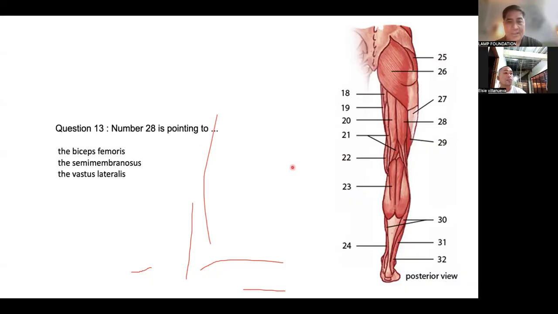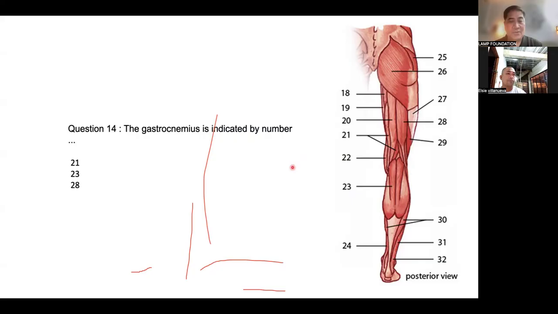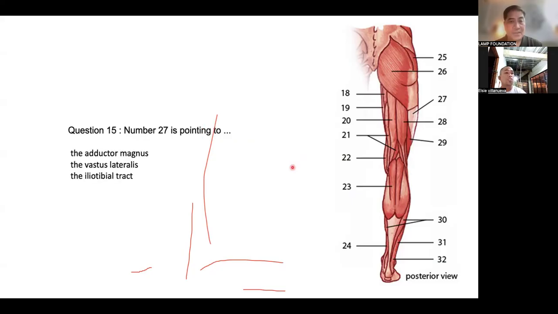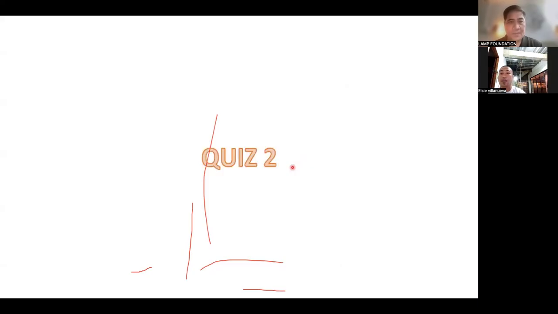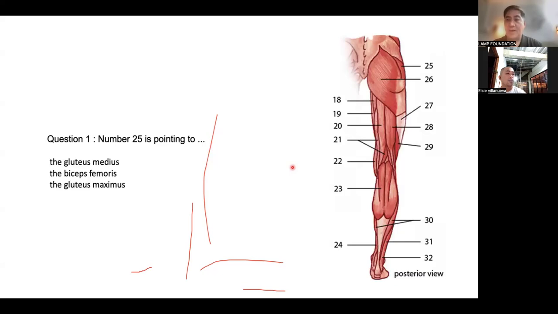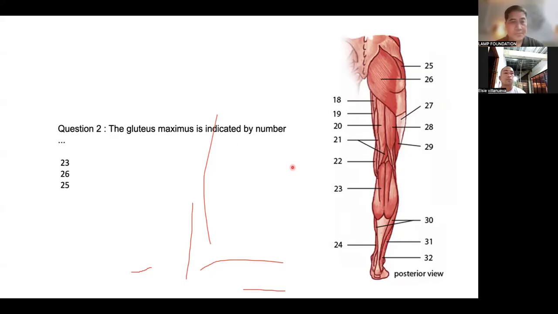Number 28 is biceps femoris. Gastrocnemius is number 23. Number 27, iliotibial tract. Number 25, gluteus medius. Gluteus maximus again, number 26.